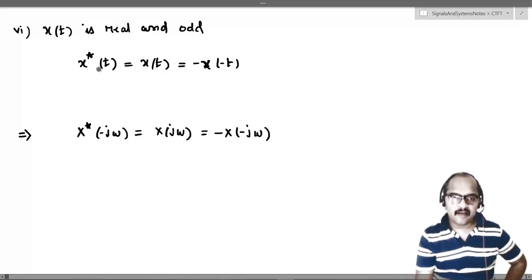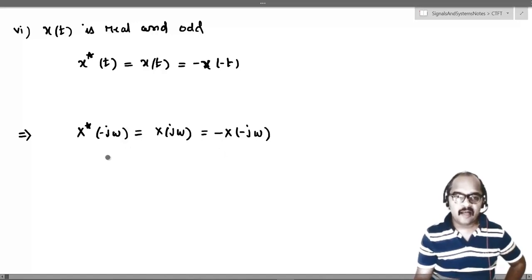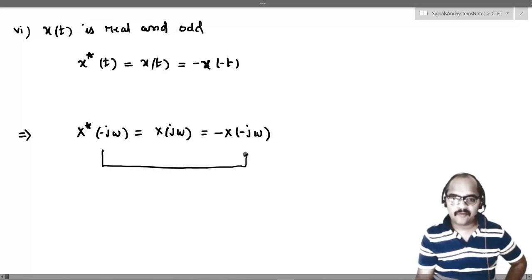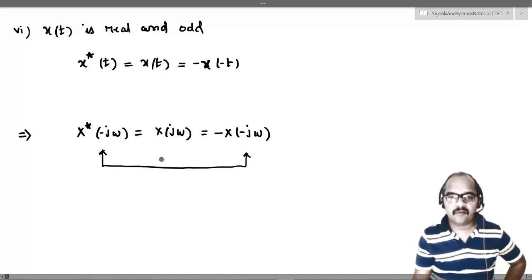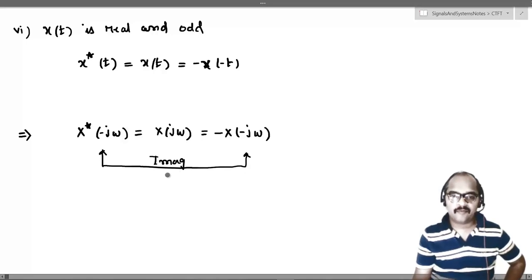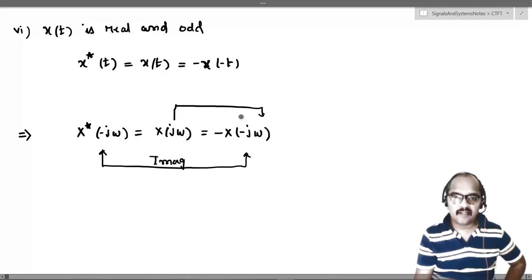Why? X star of t will have x star of minus j omega, x of t will have x of j omega, and minus x of minus t will have minus x of minus j omega as the Fourier transform. But let us see what will happen if you look at these two. A function's conjugation is equal to the negative of that function. This implies the corresponding function should be imaginary. And what does this say?